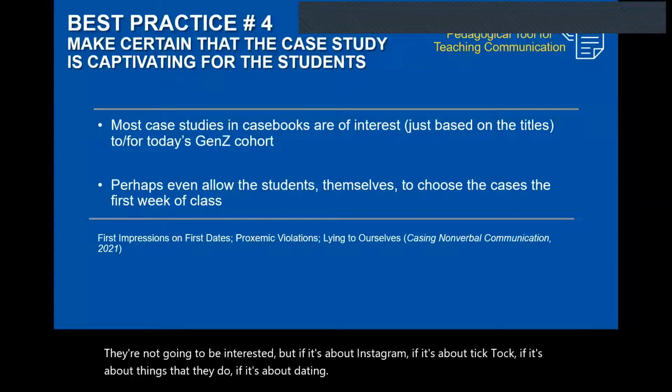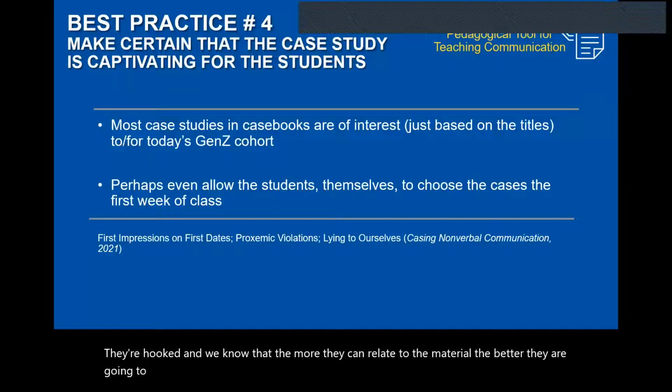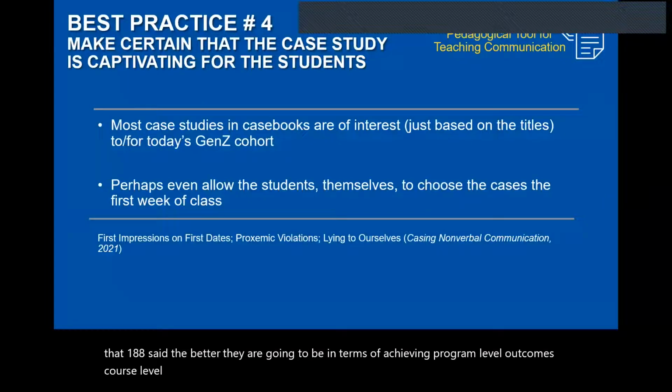And we know that the more they can relate to the material, the better they are going to do, the better connected they are going to be with the material. And ultimately, as that 18.8% said, the better they are going to be in terms of achieving program level outcomes, course level outcomes, and student learning outcomes, which are probably all going to be linked to institutional learning outcomes.